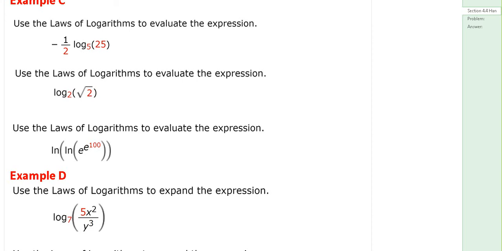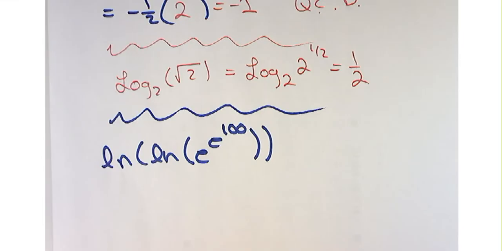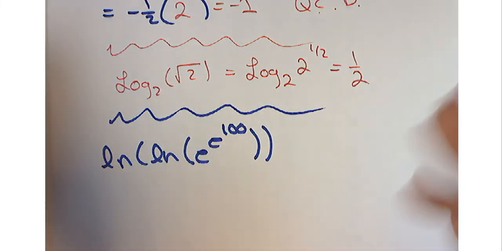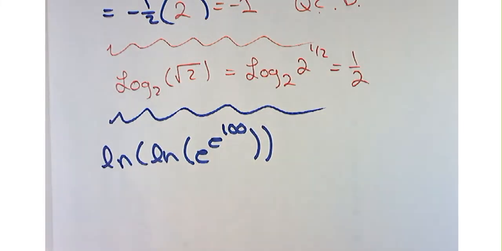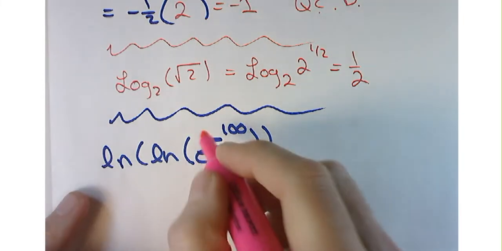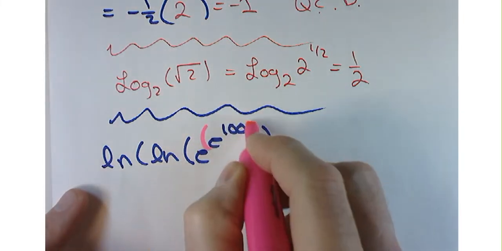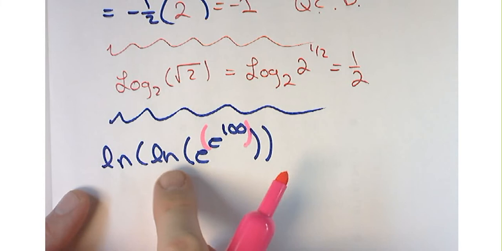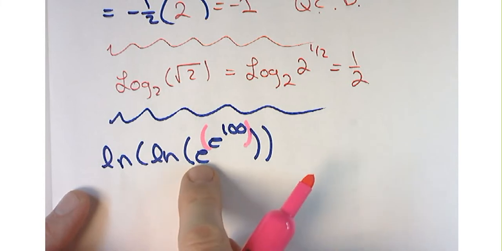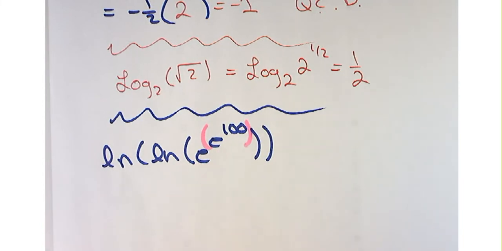Wow. Let me think about how I want to approach this one. Whenever you've got a nested set of calculations, you always work from the innermost parenthesis out. In this case, I've got the ln of e to some power.